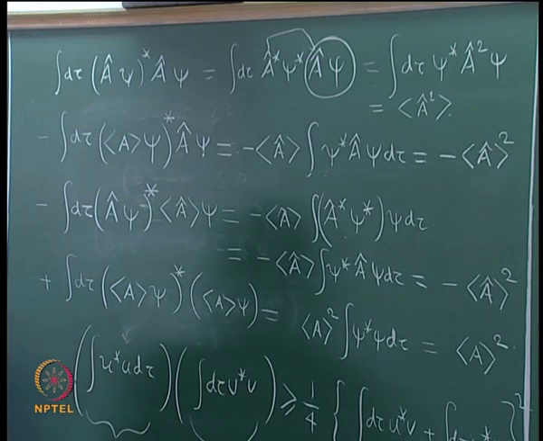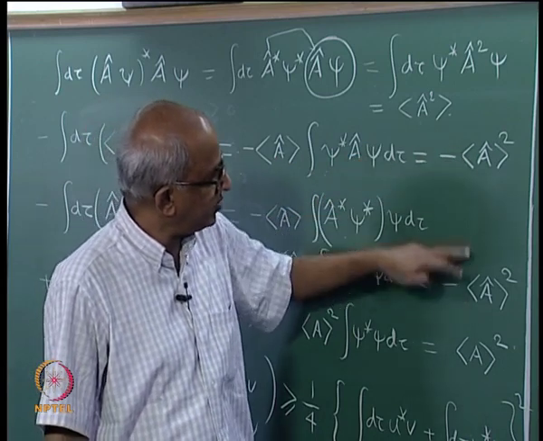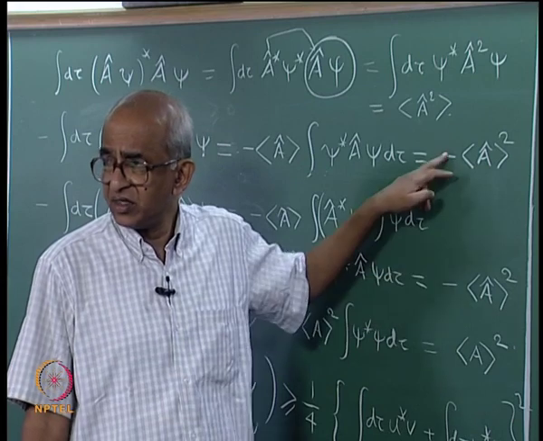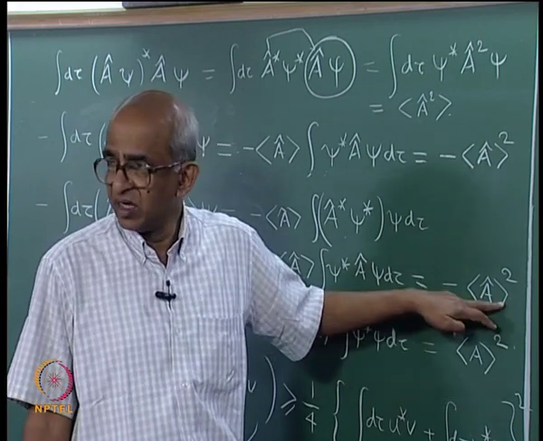So, interesting, we have 4 terms. The first term is actually nothing but the expectation value of A square, the second two terms are actually identical, right. You get the same answer for the second two terms and the last term is expectation value of A squared.